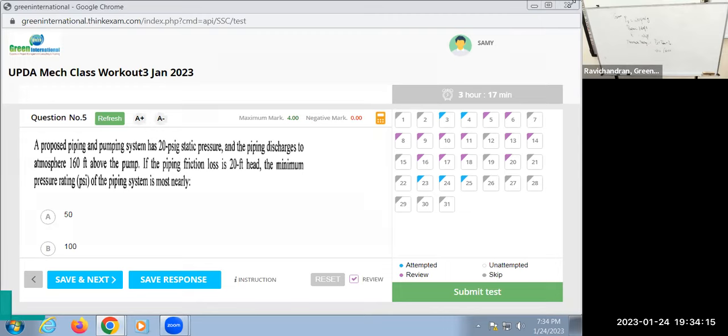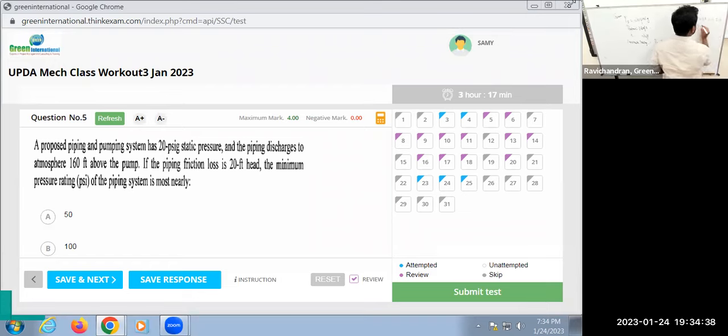If you are converting psi to feet, please multiply by 2.31.